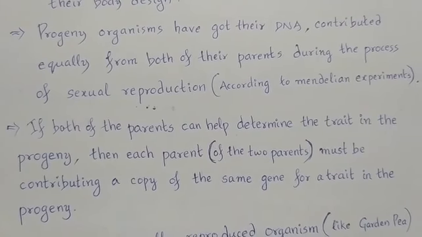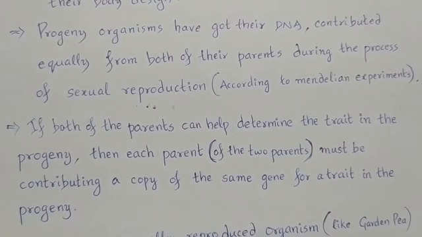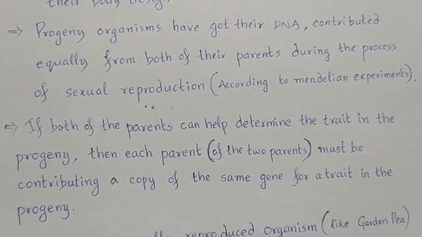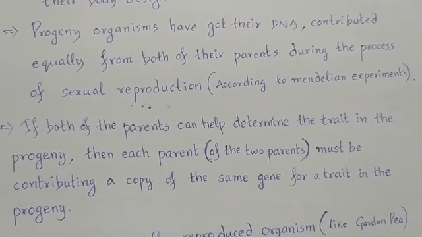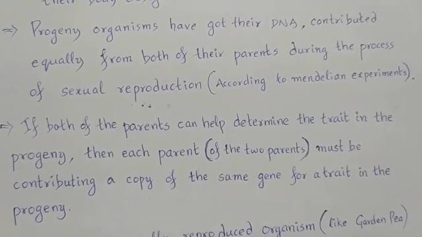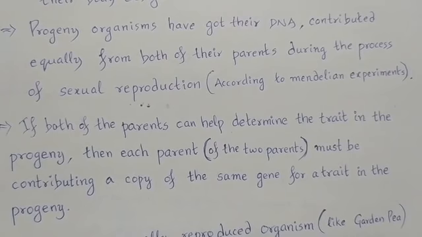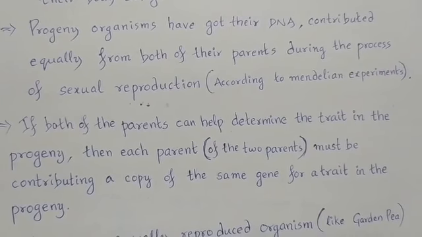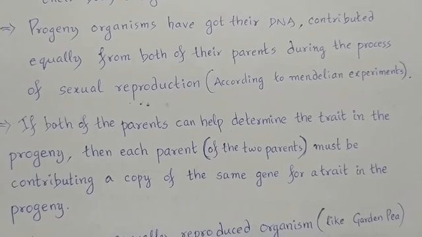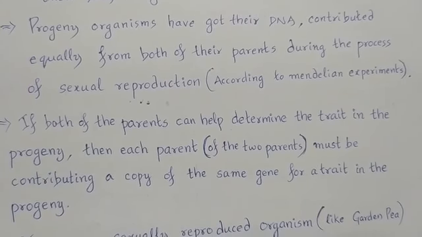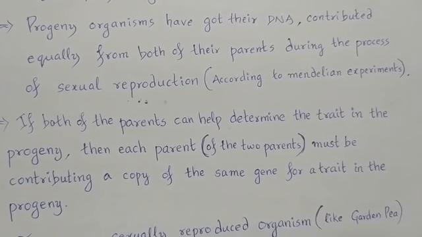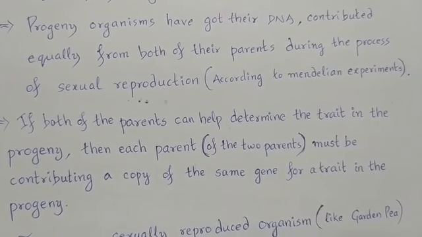How have the progeny organisms got their DNA? Progeny organisms have got their DNA contributed equally from both of their parents during the process of sexual reproduction.